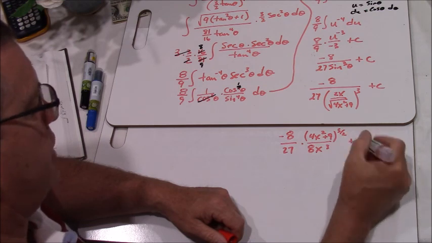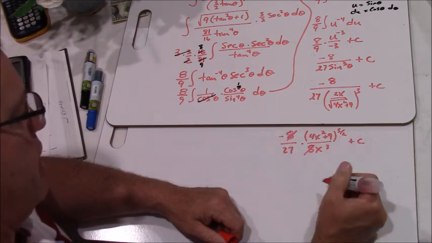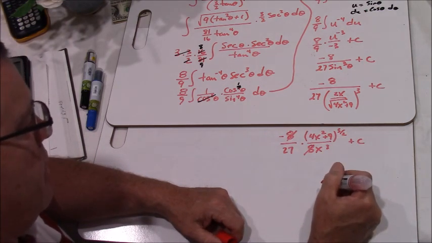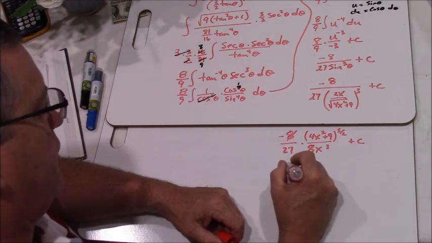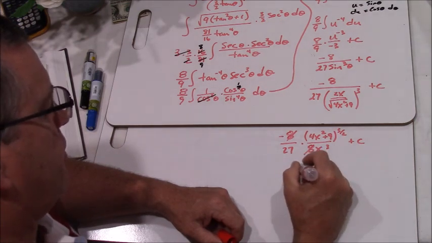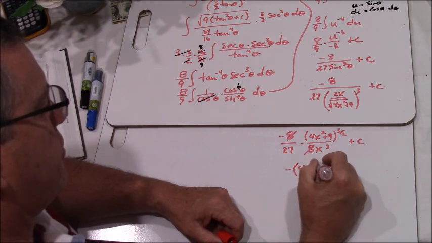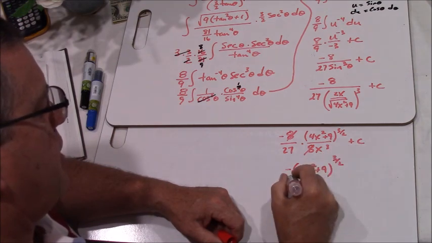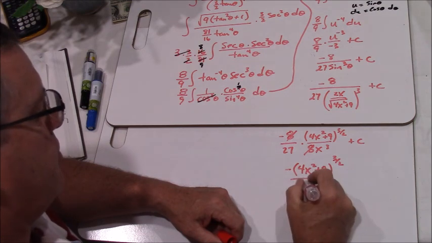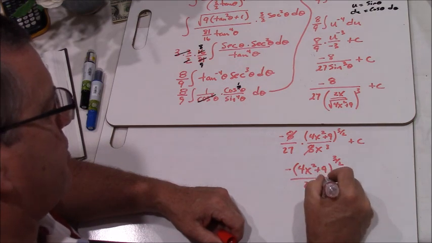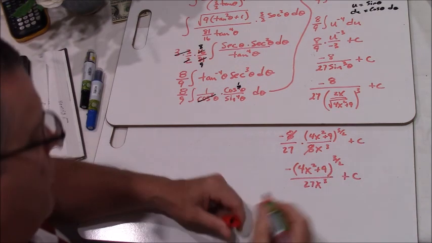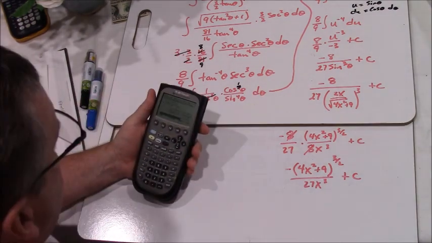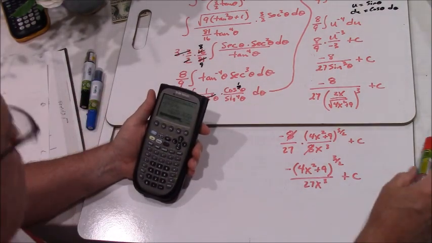And then plus c. So those 8's would cancel. And so it looks like what I have is a negative 4x squared plus 9 raised to the 3/2 over 27x cubed plus c. And that is not what I got on my calculator.